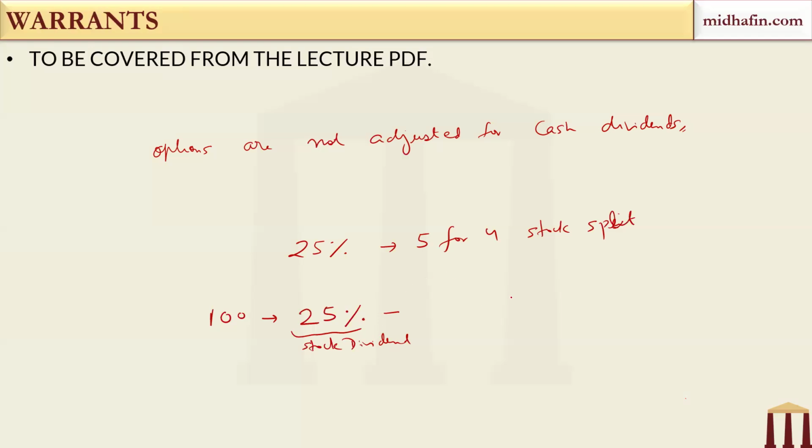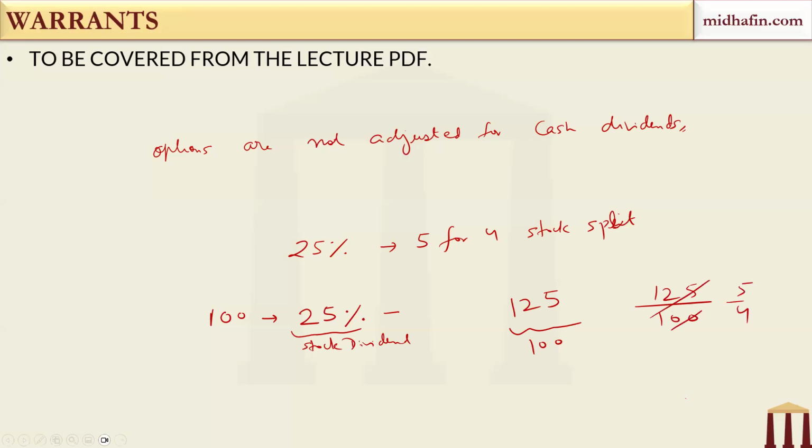Now each shareholder has 125 stocks, but the value of those stocks is the same as the previous 100 stocks. So it's very simple. The ratio is basically 125 by 100, which is 5 by 4. That is why it is a 5 for 4 stock split.